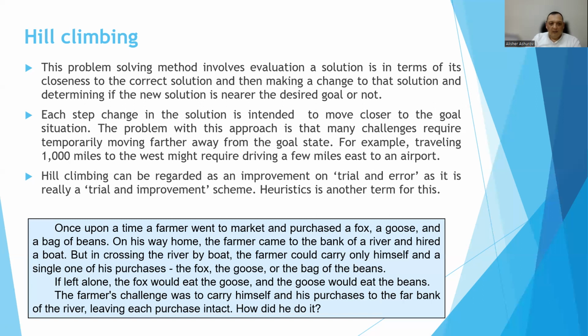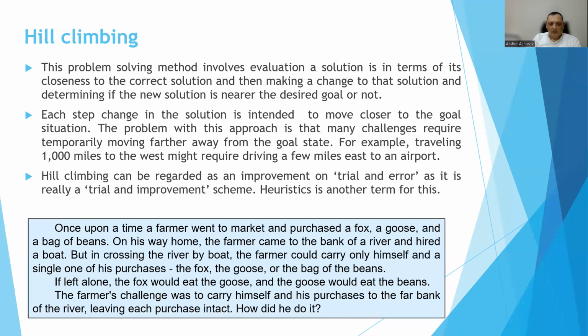Once upon a time, a farmer went to market and purchased a fox, a goose, and a bag of beans. On his way home, the farmer came to the bank of the river and hired a boat. But in crossing the river by boat, the farmer could carry only himself and a single one of his purchases: the fox, the goose, or the bag of beans.